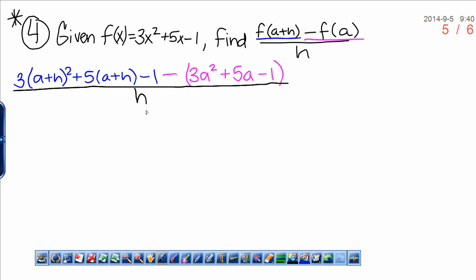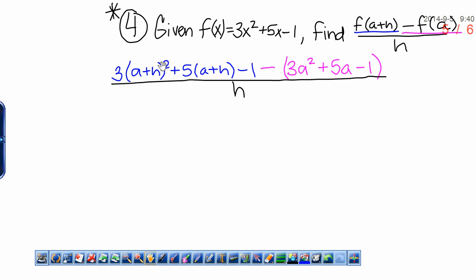The first of two tricky parts here is making sure we square a plus h correctly, which we talked about when we did a plus 1. How do we square a binomial? You double distribute. So go off to the side somewhere and think, okay, I want to do a plus h times a plus h.